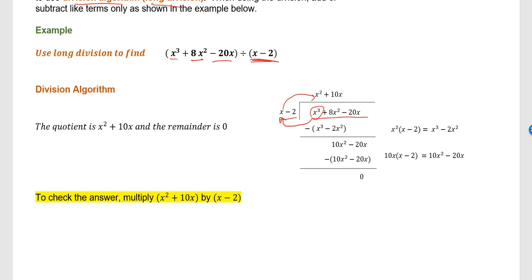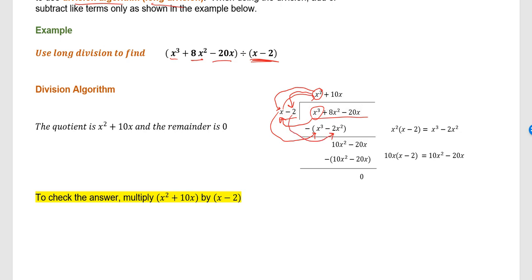So x cubed divided by x is x squared. Then take what you get from that specific step and multiply by each of those two terms, and then just write it down here.